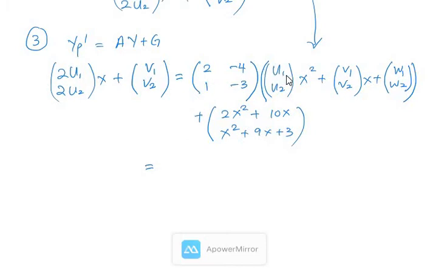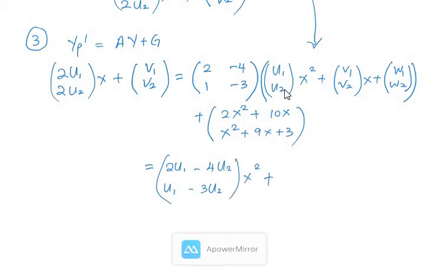So 2U1 minus 4U2, using matrix multiplication for this one and this one. And then U1 minus 3U2, multiplied with x squared.